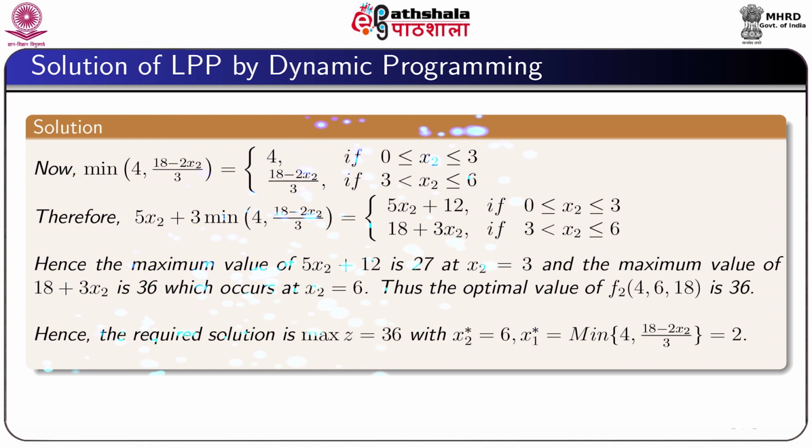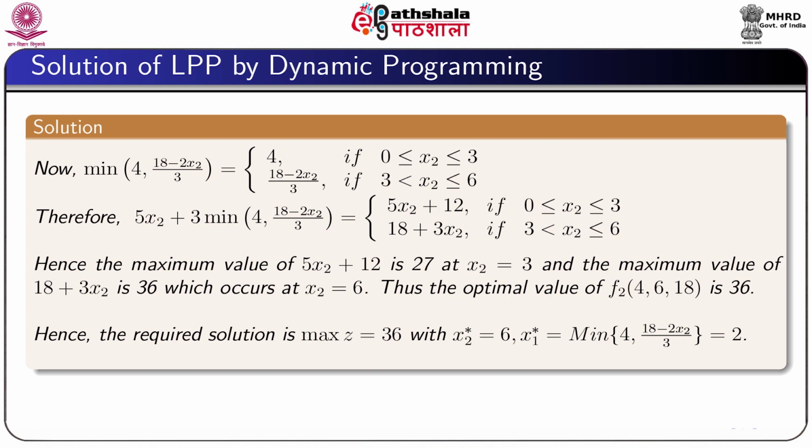And from this we see that the maximum value of 5 x 2 plus 12 is 27 at x 2 equal to 3, and the maximum value of 18 plus 3 x 2 is 36, which occurs at x 2 equal to 6. Thus, the optimum value of f 2 of 4, 6, 18 will be 36 for x 2 equal to 6.